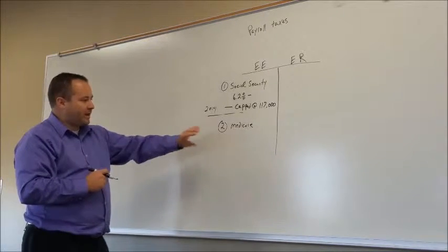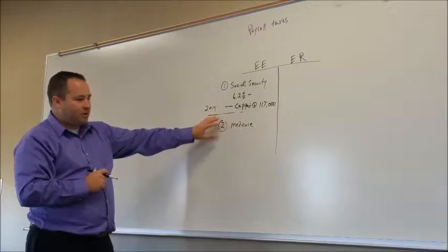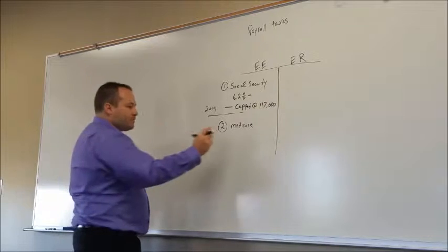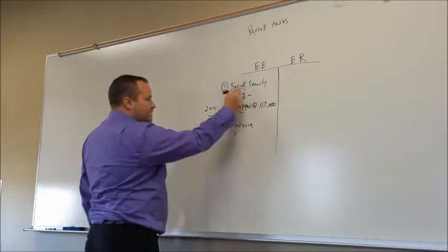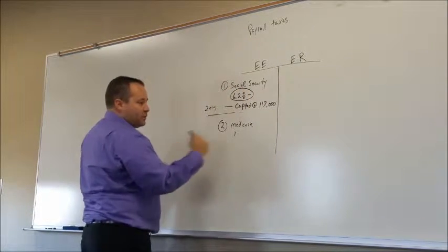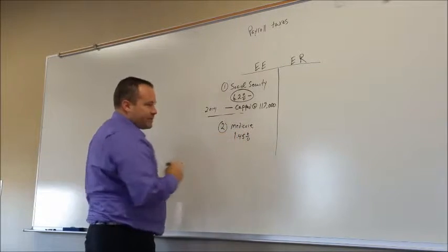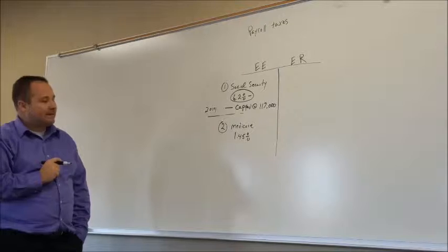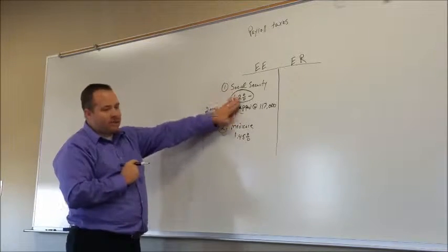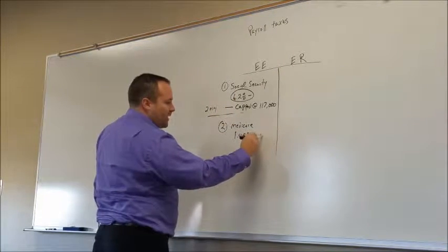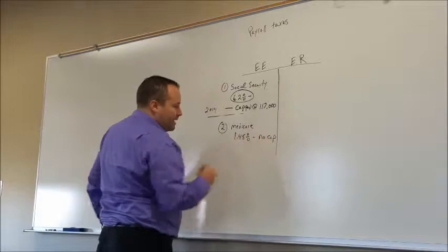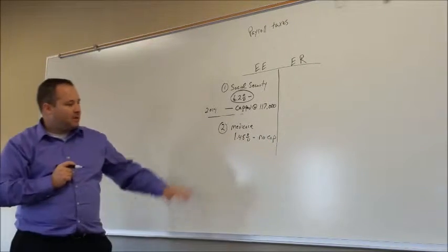This one only pays for things like hospital stays and some of your bigger expenses. Along with the 6.2%, what I expect you to know is that Medicare is at 1.45%. And the difference between these two, and why we keep them separate, is this one has no cap. You're always going to pay 1.45%.